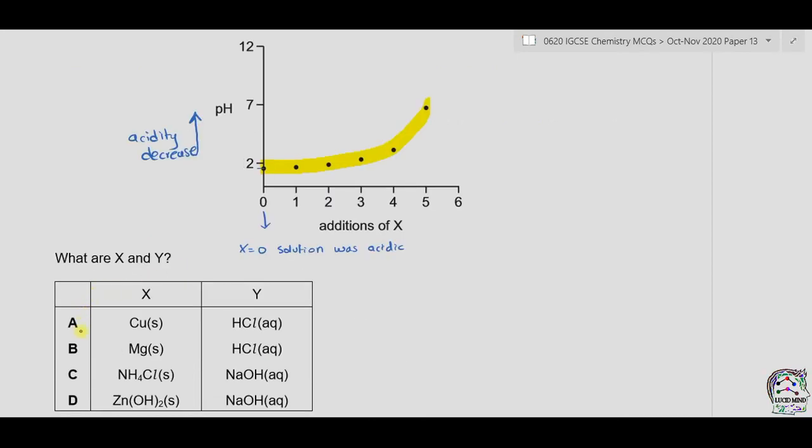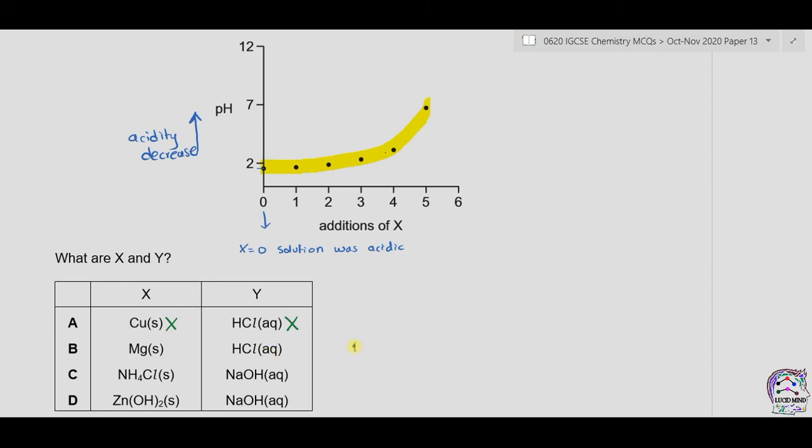Let's look into the options. In A we have X as copper solid and Y as HCl. As we know that the reactivity of copper is low, copper solid does not react with dilute HCl, so A is incorrect. B is magnesium solid as a metal and HCl as acid.